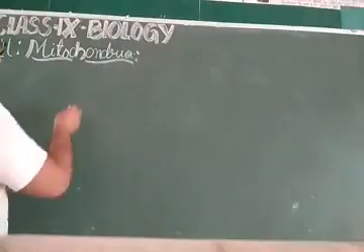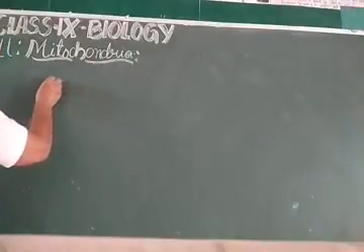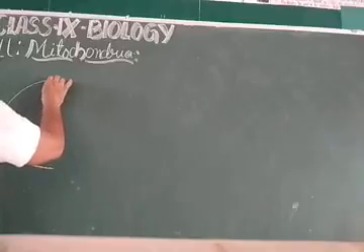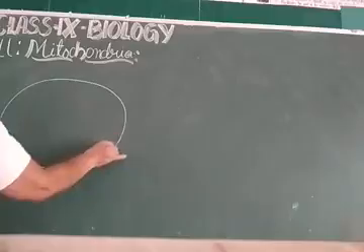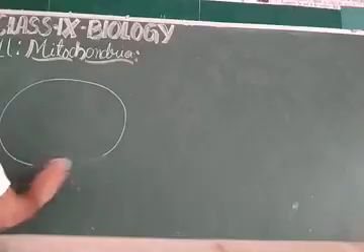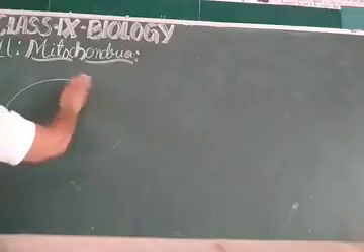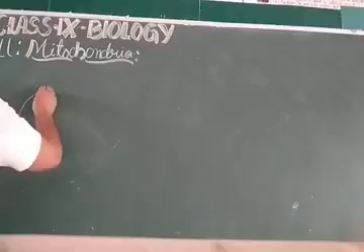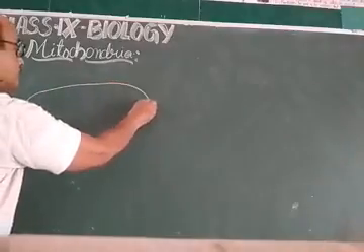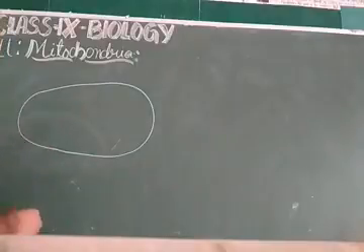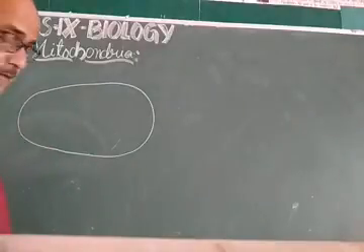Dear students, this mitochondria is a somewhat bean-shaped structure. If this is the mitochondrial boundary, you have to see a bean-shaped structure, and the membrane is double.